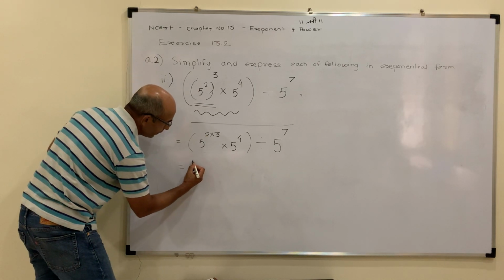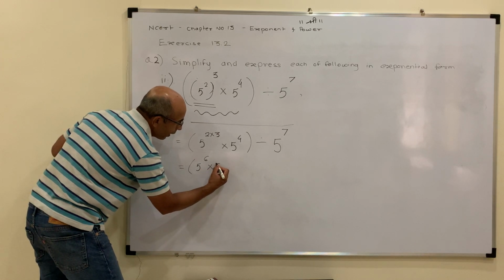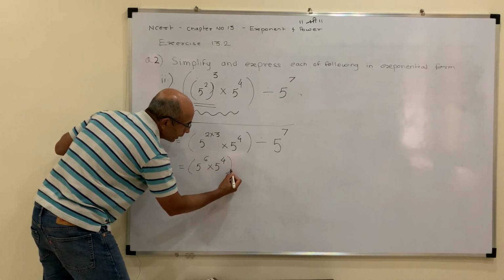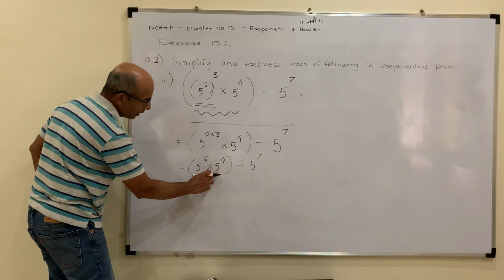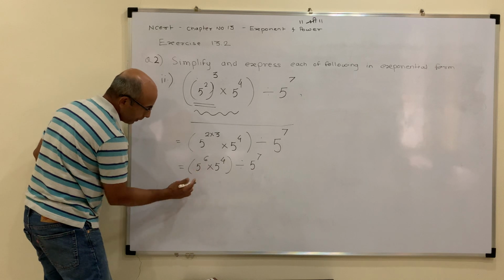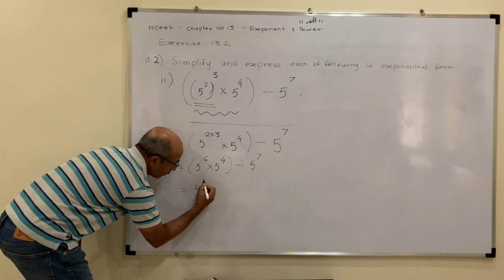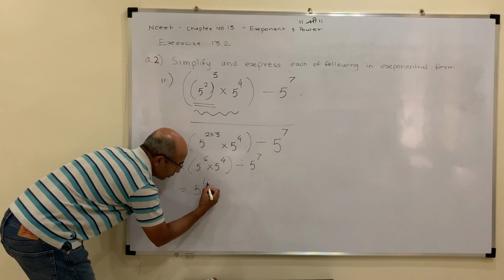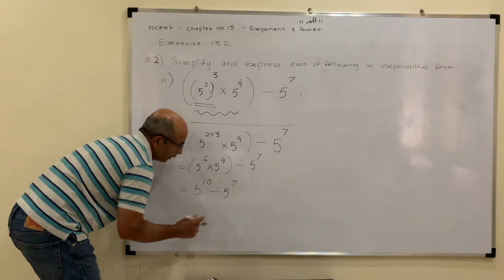My next step will be 5 raised to 6 into 5 raised to 4 divided by 5 raised to 7. Here again the base is the same and the operation is multiplication, so I'll be doing addition of the powers. So 5 raised to 6 plus 4 comes out to be 10, divided by 5 raised to 7.